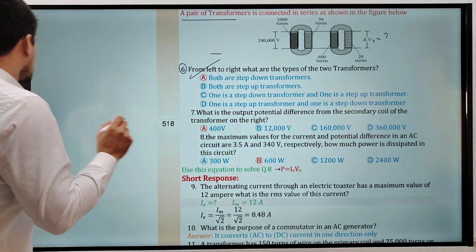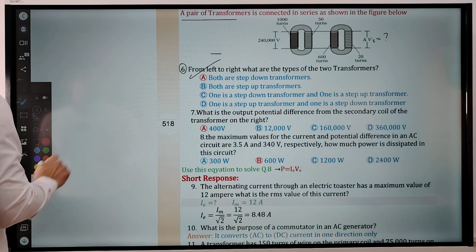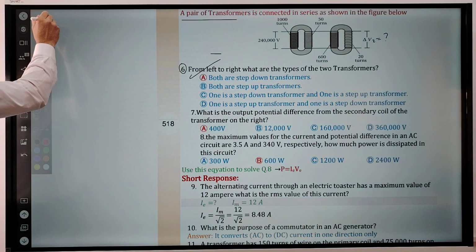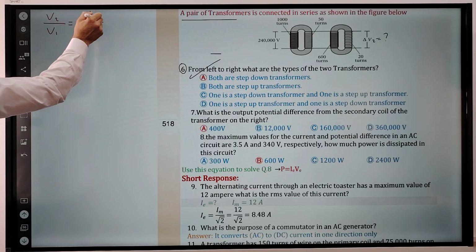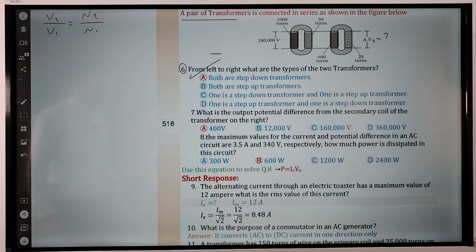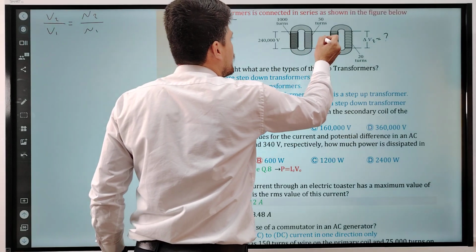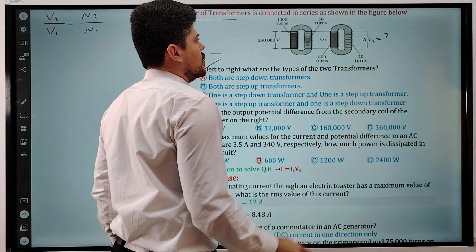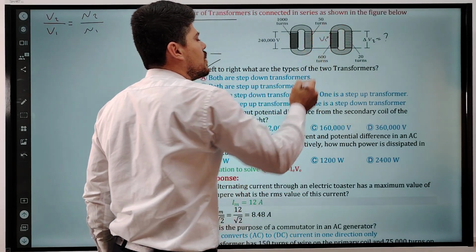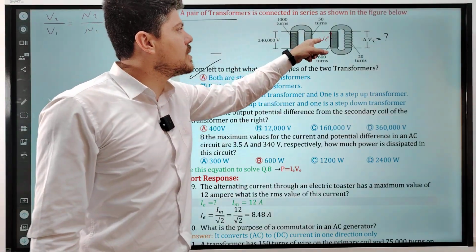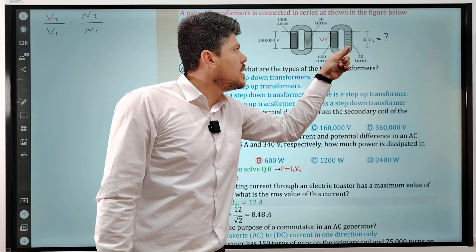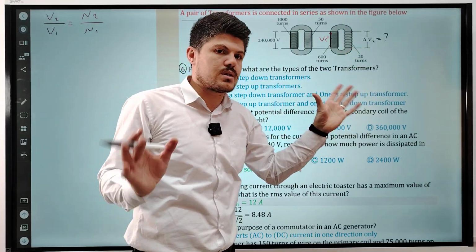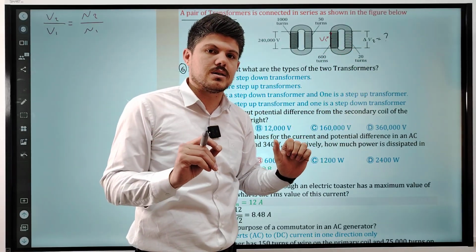So in this question, to find V2, we have to use this equation, V2 over V1 equals N2 over N1. Do we have V1? No, V1 is not given. Without V1, the input potential difference of the second transformer, how can you find the potential difference? It's impossible. We cannot find it.